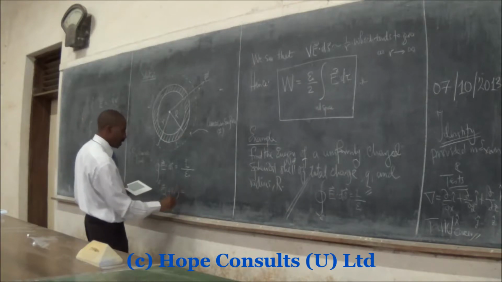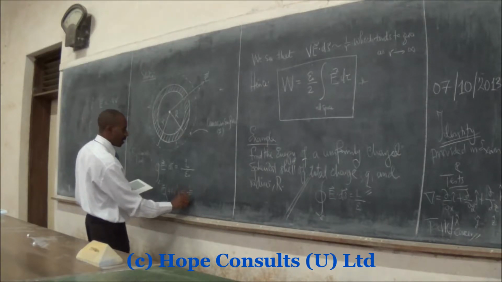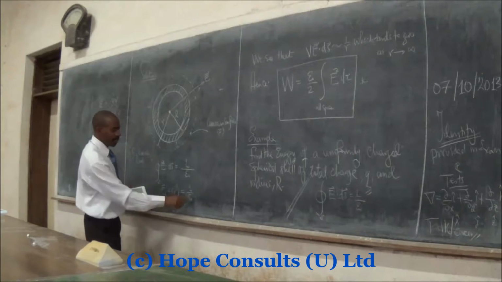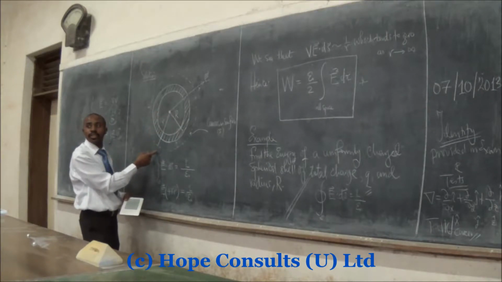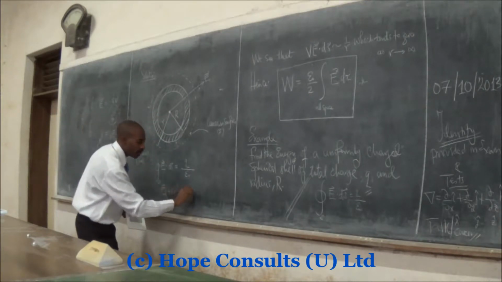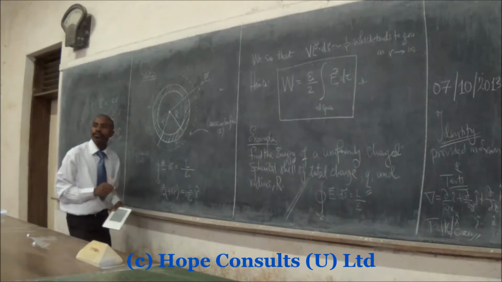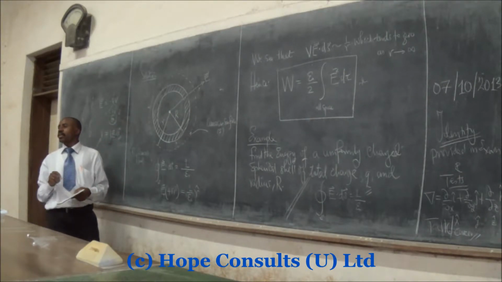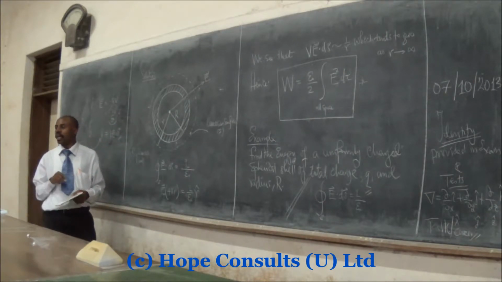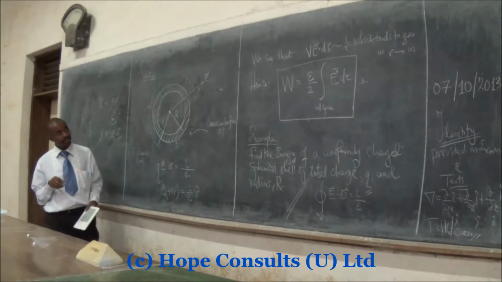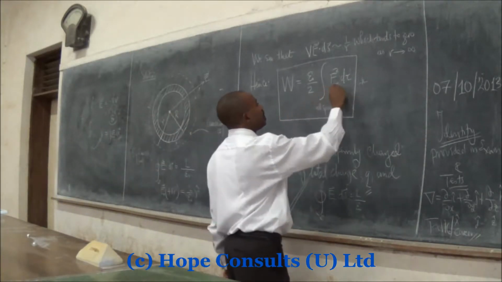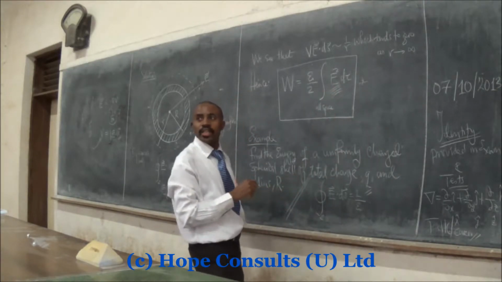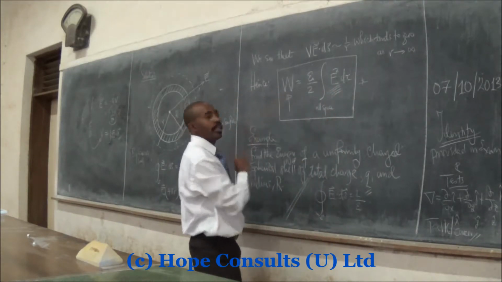This would be the same as Q over epsilon naught, and because the electric field intensity is radial outward along the radius of the Gaussian surface, we can use r cap to show the direction of the electric field intensity.